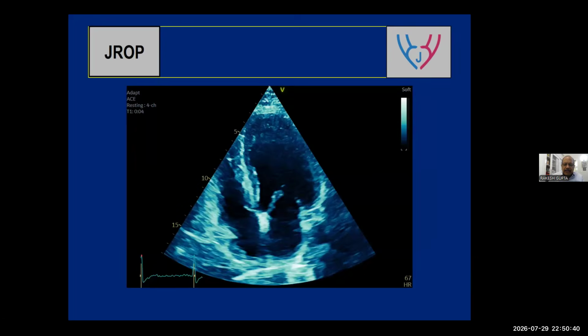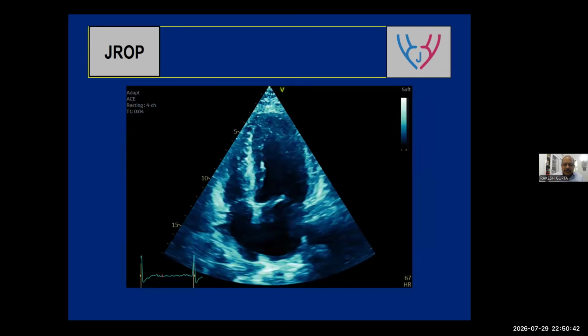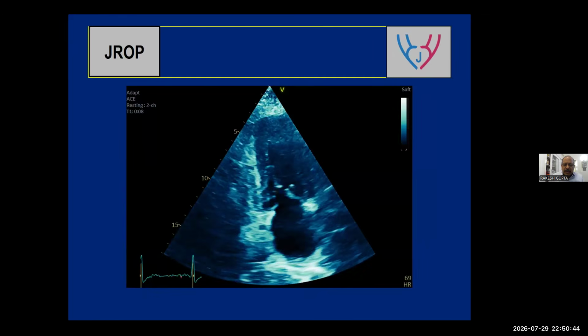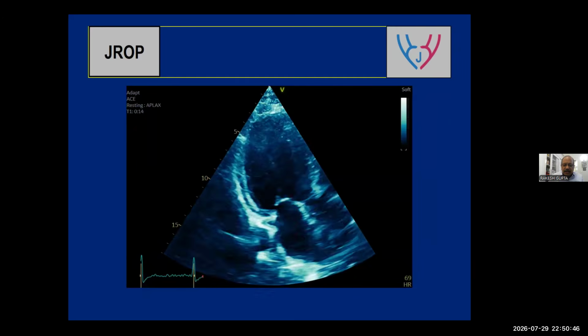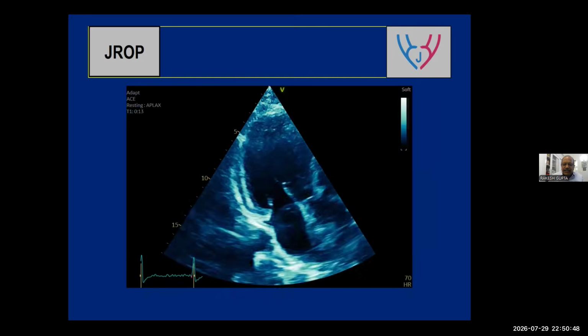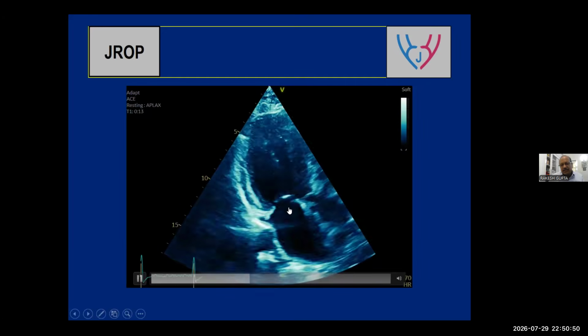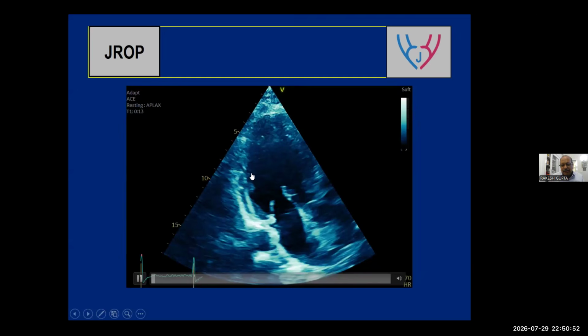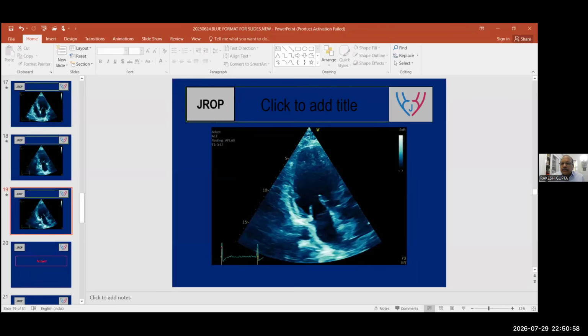In this patient, if you do a color Doppler, you'll find significant mitral regurgitation because the tenting effect is lost due to papillary muscle dysfunction. So I'll stop over here in this segment.